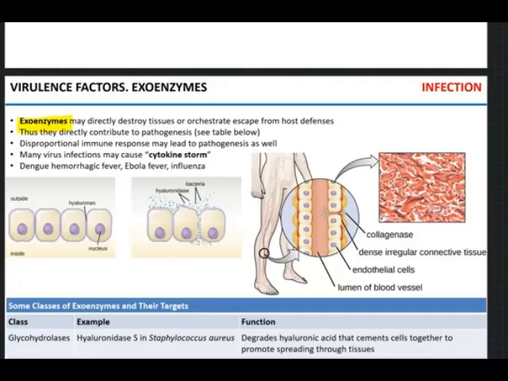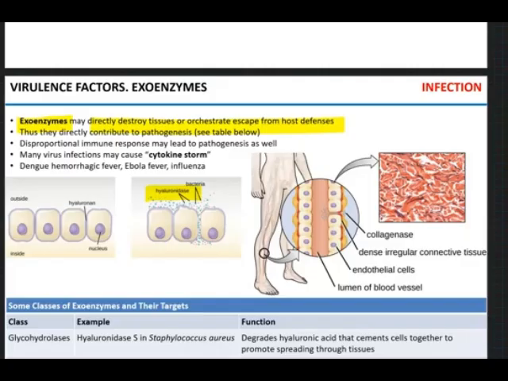What does it mean, exoenzymes? When a microorganism produces these enzymes, where do they go? Outside of the cell, right? So they can destroy tissues. For instance, hyaluronidase, produced by various species of Staphylococcus, can destroy extracellular matrix and result in tissues falling apart.